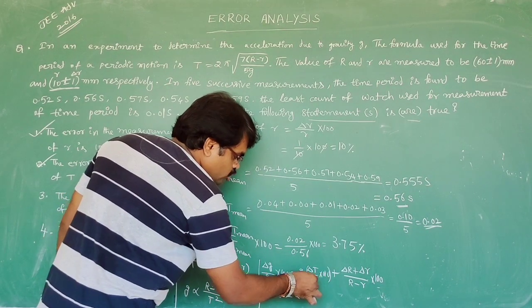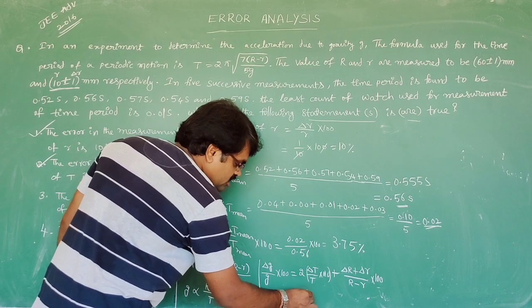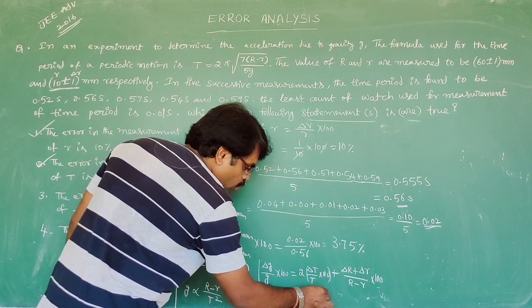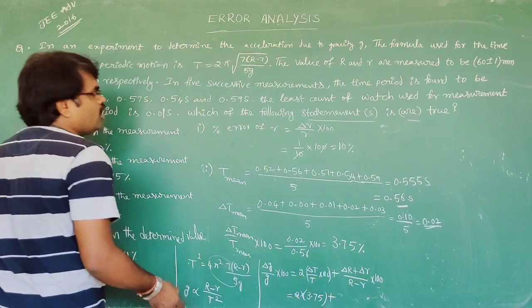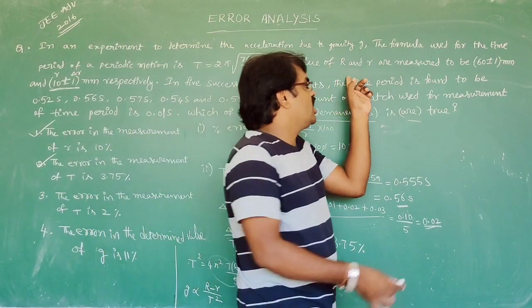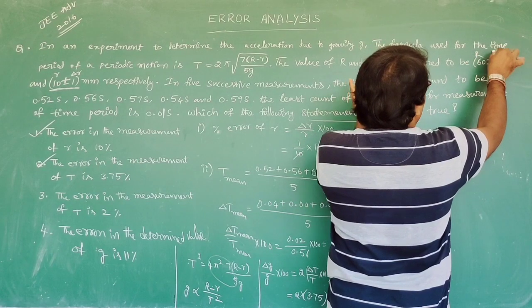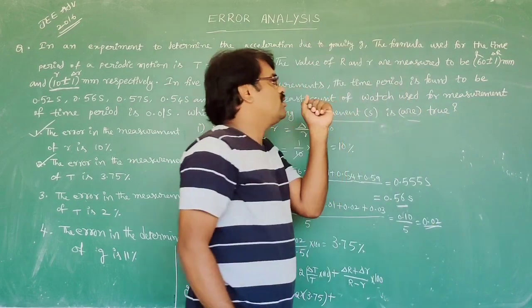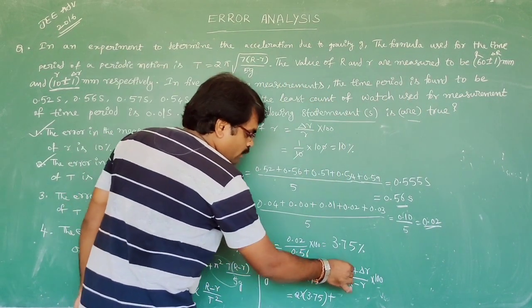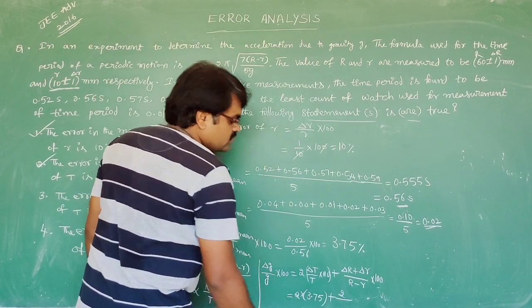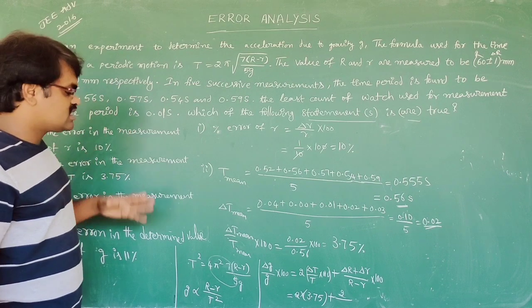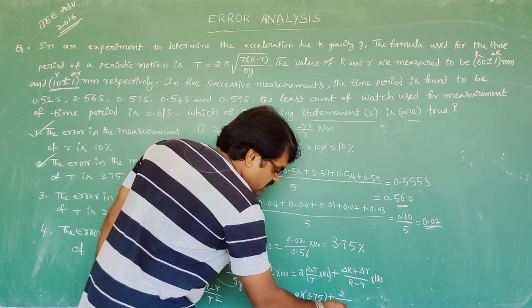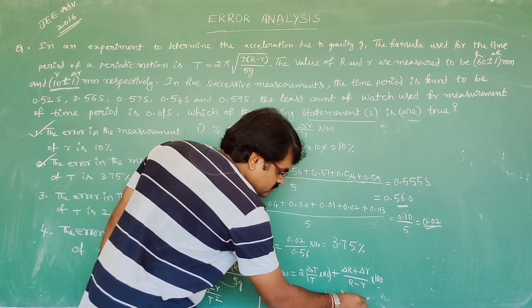Calculating 2 into delta T by T into 100 gives 3.75, plus delta R plus delta r, that is 1 plus 1, 2, by R minus r, that is 60 minus 10, which is 50, into 100.